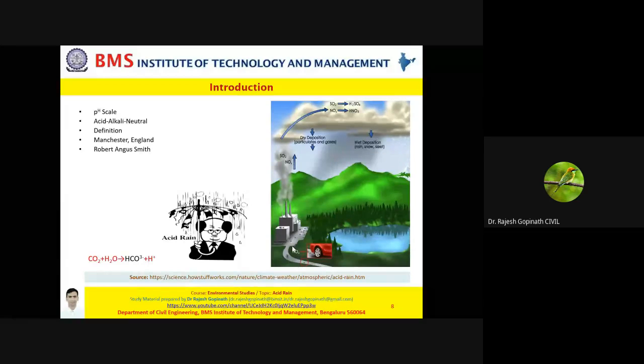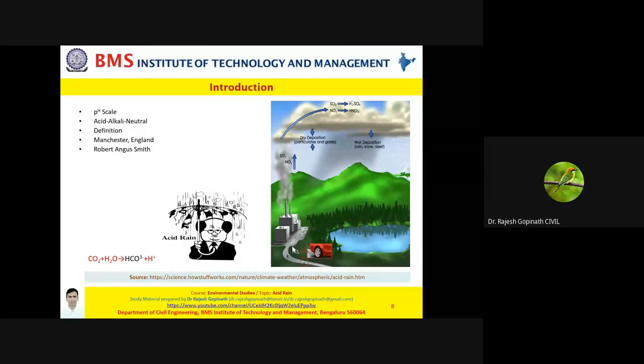Greater than 7 and up to 14 is the alkaline or basic range. 7 is considered the neutral point. The other information we need to understand is that if I mix acid and alkali, the resultant would be salt and water. Friends, this is basic knowledge that you already possess, and I was just brushing upon it. Now let's further try to understand something more about rain.